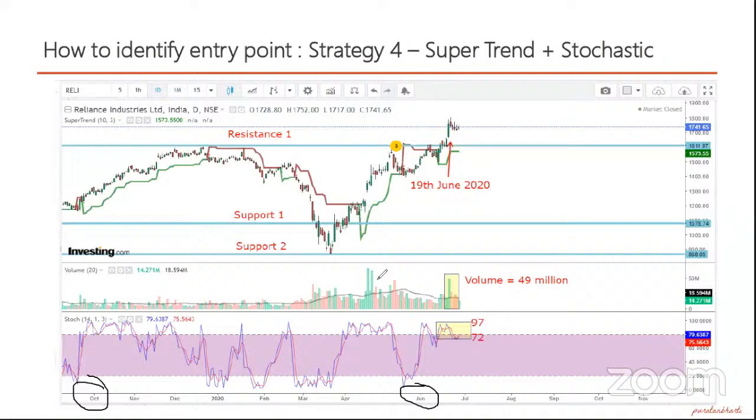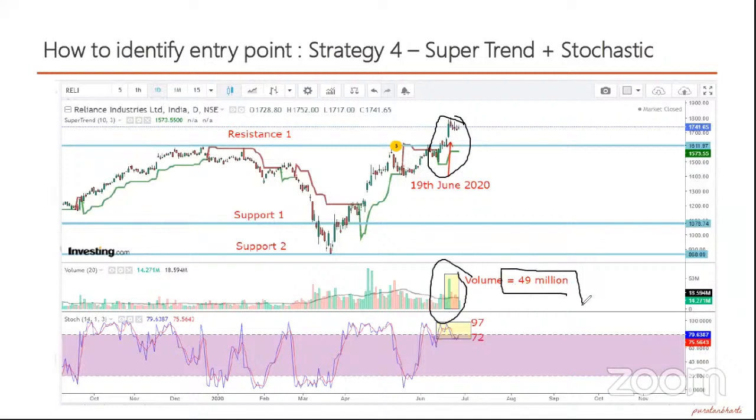Now, the point that I'm trying to make here is, if my stock price crosses the resistance, a 52-week resistance, meaning the highest in the last 52 weeks, and if it has crossed with a very high volume, what is the volume level? 49 million.